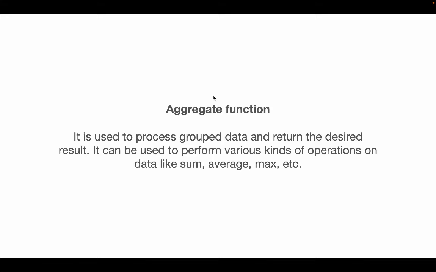It was available in MongoDB at earlier times, but it has been deprecated, and its work is done by the aggregate function in MongoDB. So the aggregate function can perform various kinds of tasks on data, like sum, average, max, first, and various other operations.